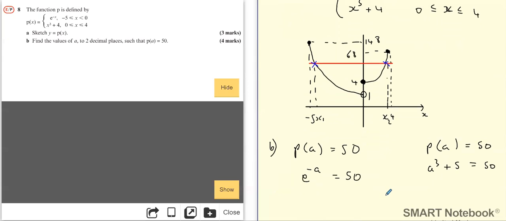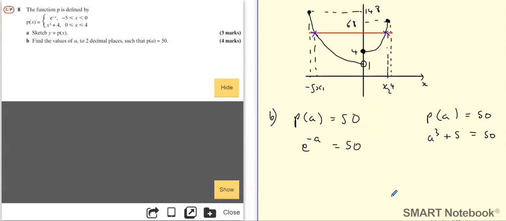Does that make sense? Are you happy with that? Oh, plus 4, what am I saying? Yeah. And so now I need to solve for a. How am I going to solve for a here on the left-hand side?